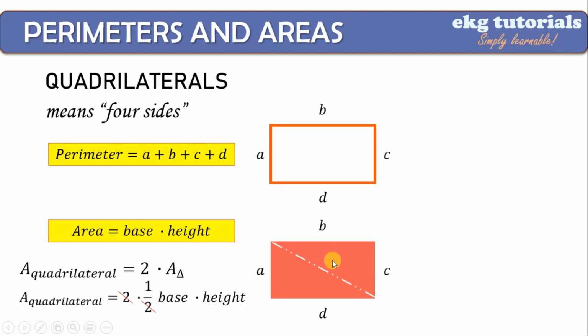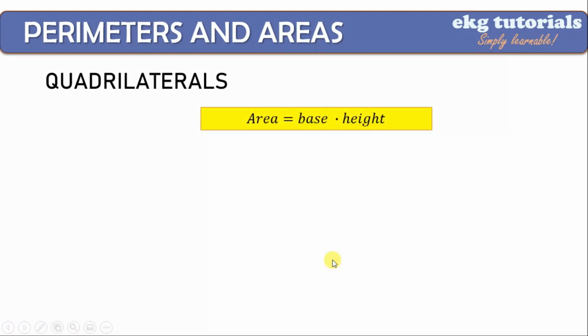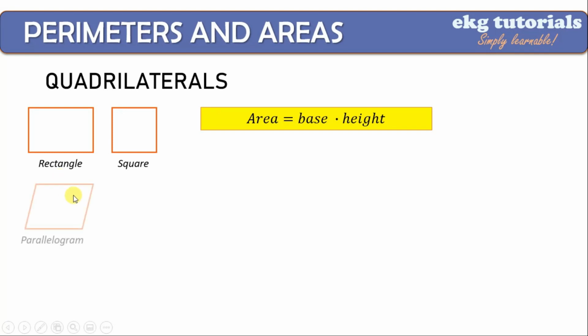Okay? So ganyan lang. Now, lahat ng quadrilateral, since maraming klase ng quadrilaterals, lahat ng quadrilaterals or yung four-sided na polygon, lahat niyan is yung area base times height. Example ng quadrilateral na ganito yung formula is yung rectangle, square, parallelogram, and rhombus.